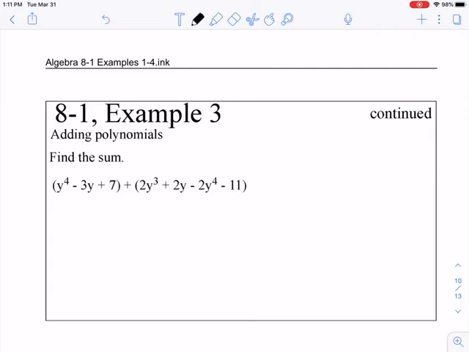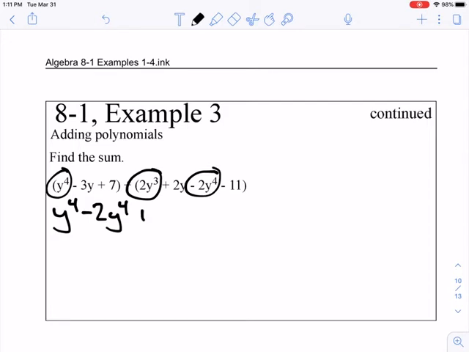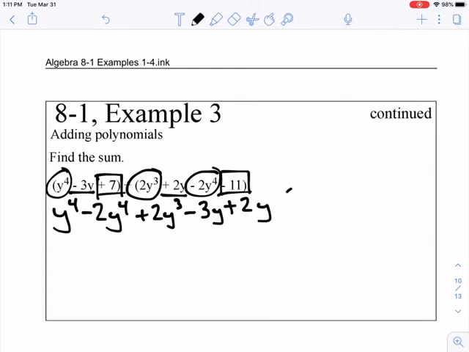Okay, so on this one, y to the 4th, and then I've got a negative 2y to the 4th here. I have a 2y to the 3rd right over here, so plus 2y to the 3rd because that's positive. Then it looks like I have a negative 3y and a plus 2y. And then I have plus 7 and minus 11. Now let's do some combinations.